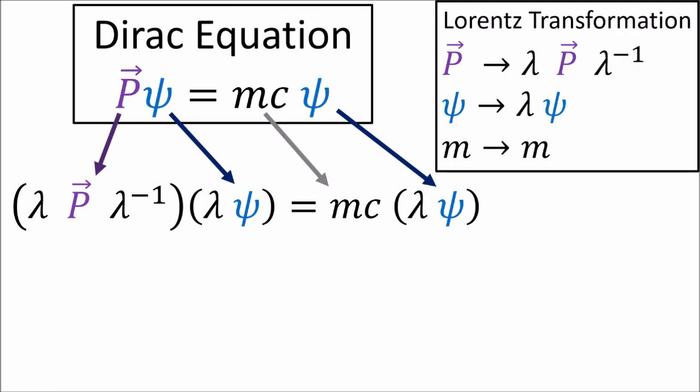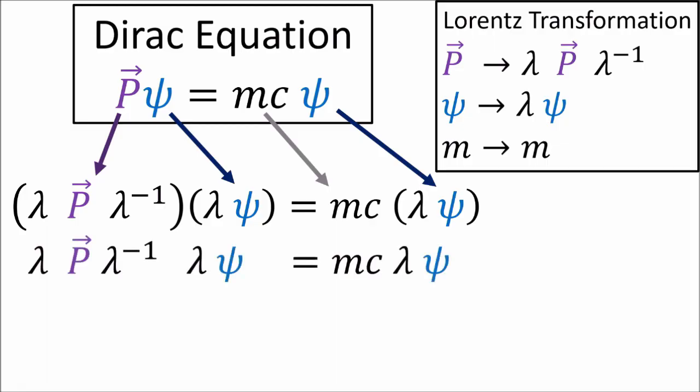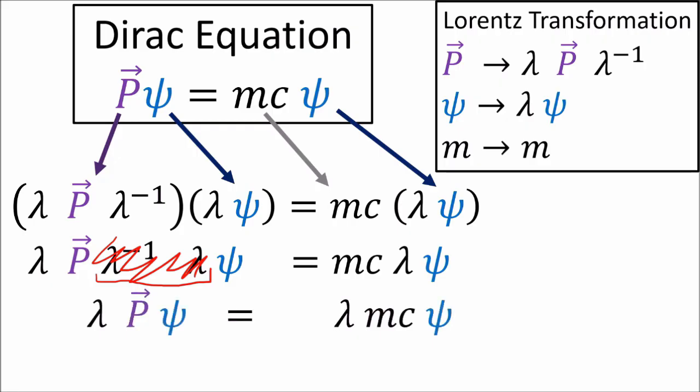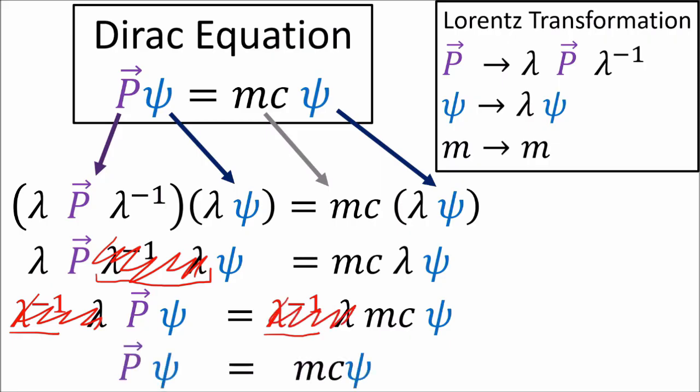And we Lorentz transform the spinor psi with lambda from the left. Here, lambda inverse and lambda cancel. And if we multiply both sides by lambda inverse, these both cancel, and we end up with the same original Dirac equation. So the Dirac equation is invariant under Lorentz transformations.